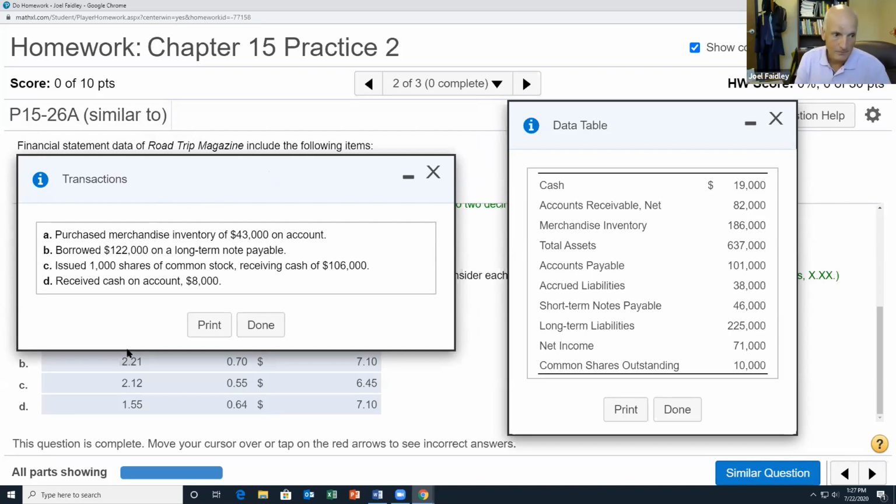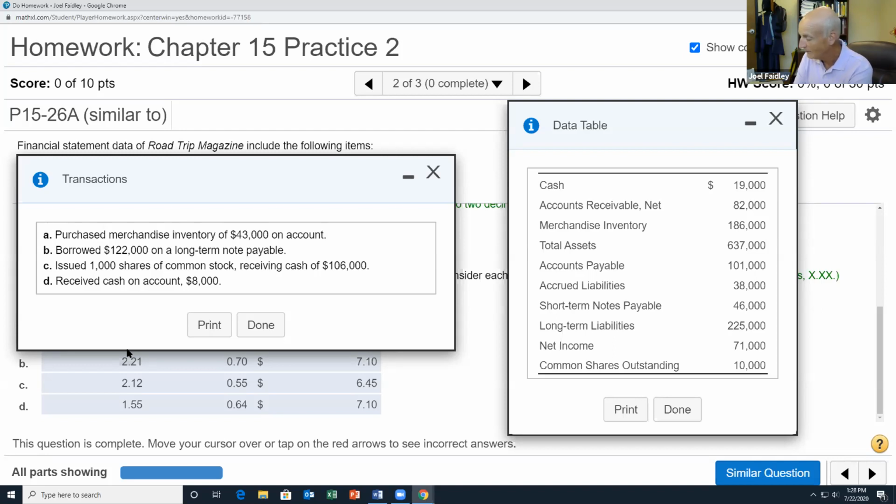So for part B, under current ratio, it's going to be 287, leaving out the thousands, plus 122 divided by 185 is 2.21. All right. And then the debt ratio, I'm going to add, again, that 122,000 to the 410,000.